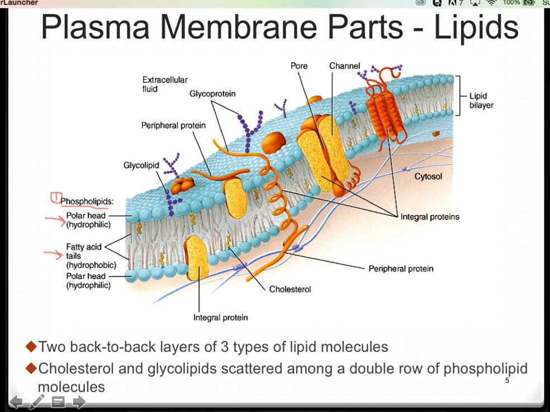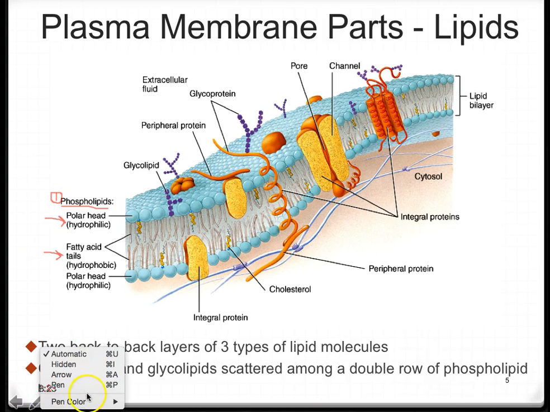Now, glycolipids, on the other hand, are basically sugar and a fat put together. They combine with something called a glycoprotein, which is a sugar and a protein put together, and they form something called a glycocalyx. Let me write this down for you.